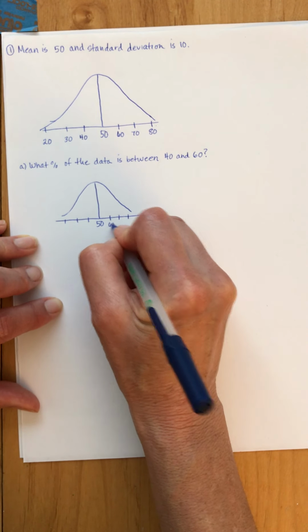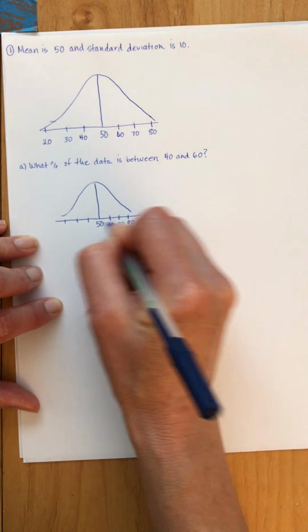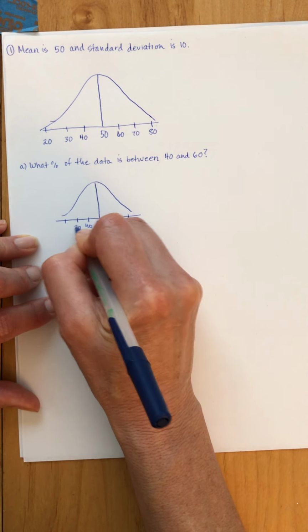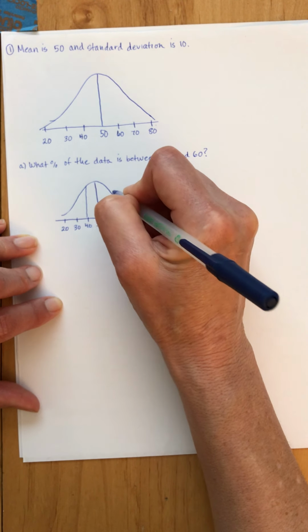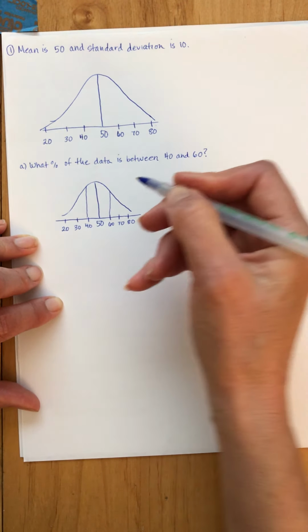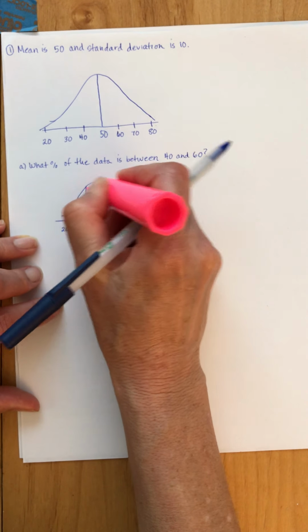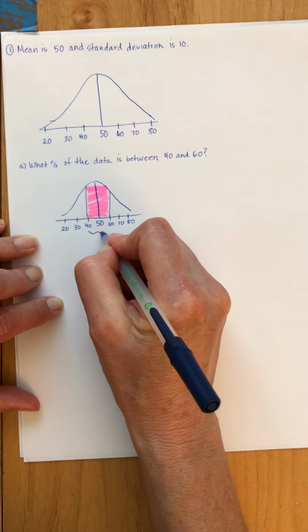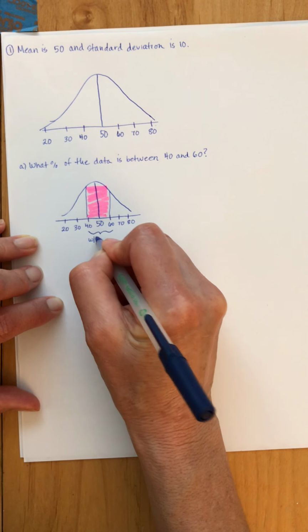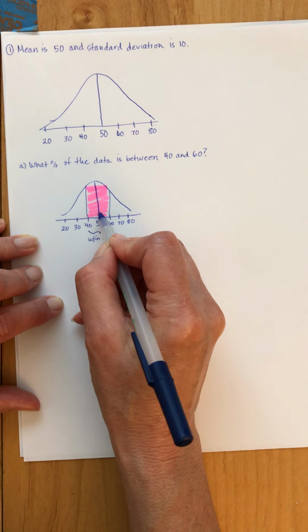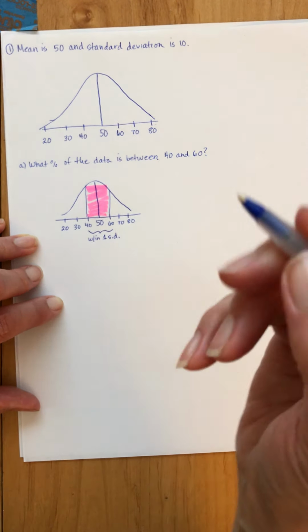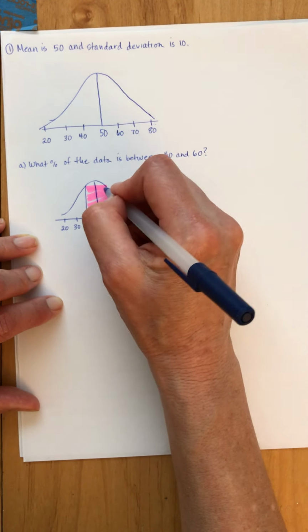It's okay, you're just trying to get the picture across. So between 40 and 60, this shaded area right here, that is within 1 standard deviation. We went up 1 standard deviation and down 1 standard deviation. The rule tells us that's 68%.